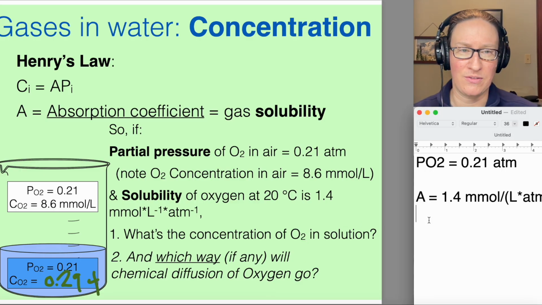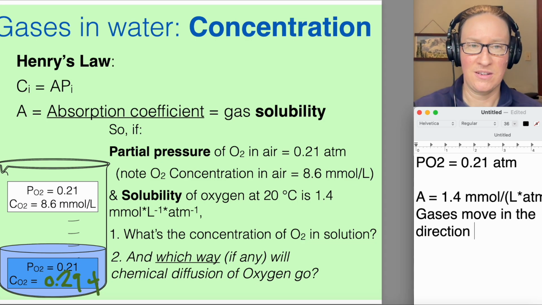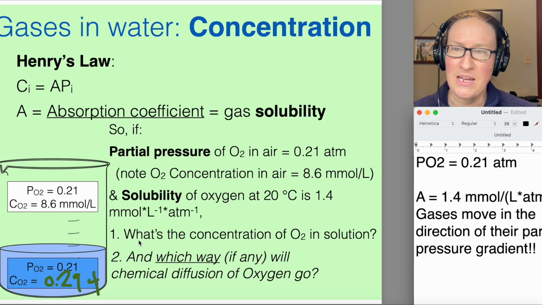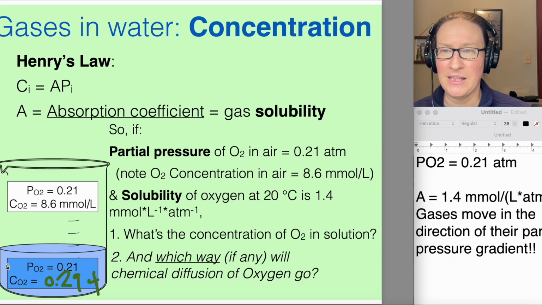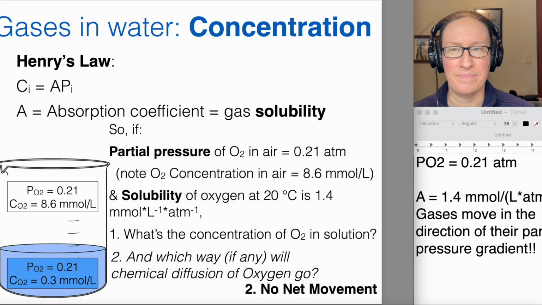Let's actually type that over here on the notepad as a reminder. So gases move in the direction of their partial pressure gradient, right? So if the partial pressure of oxygen in air is 0.21 and the partial pressure of oxygen in water is 0.21, there will be no net movement of oxygen either in or out of this solution. Okay.